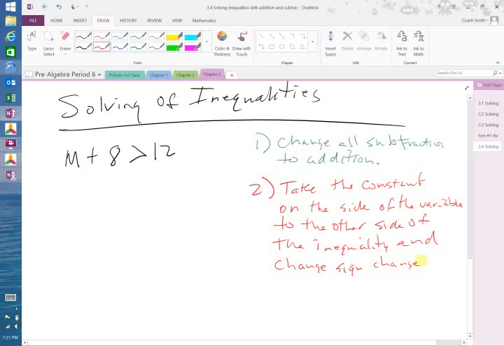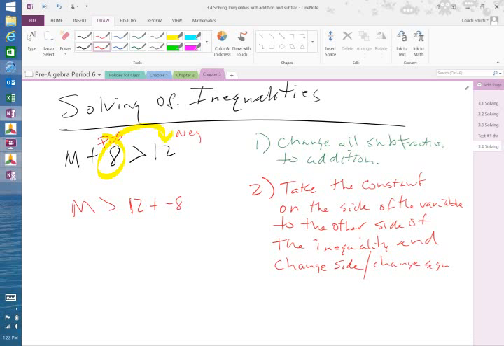Change the side, change the sign. So we're right back to where we were yesterday. Take this 8 over here. Here it is a positive, here it becomes a negative. So I have m greater than 12 plus negative 8. What is 12 plus negative 8? 4. So m is greater than 4. And that's your answer.